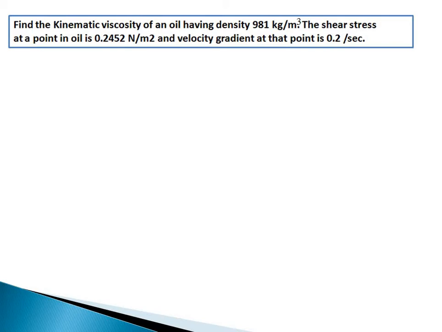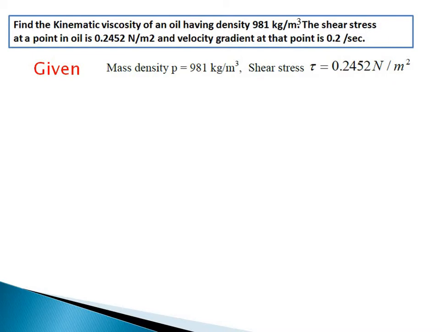So the oil has a density equal to 981 and the shear stress at the point is 0.2452 Newton per meter square. Initially write the given data: mass density rho is 981 kg per meter cube, shear stress tau is 0.2452 Newton per meter square, and velocity gradient is 0.2 per second.